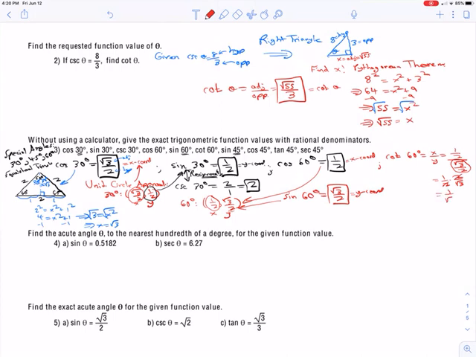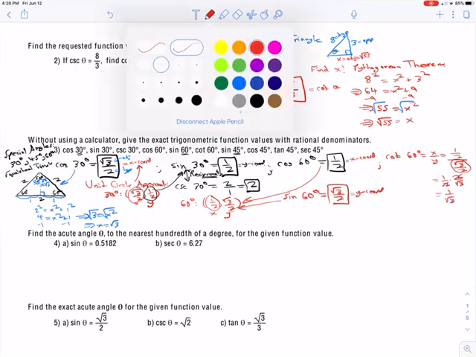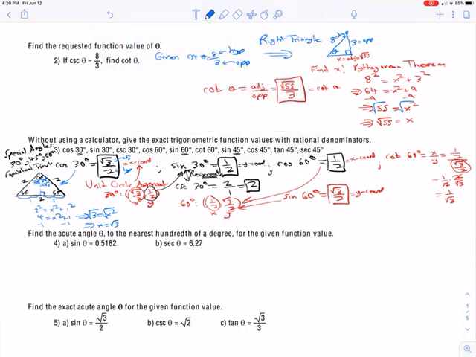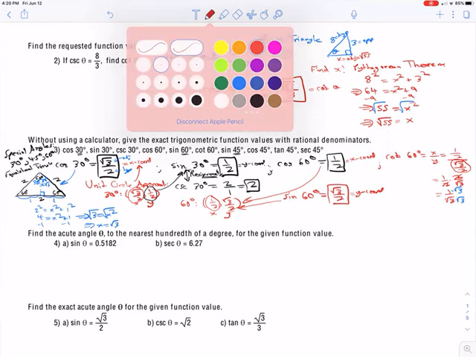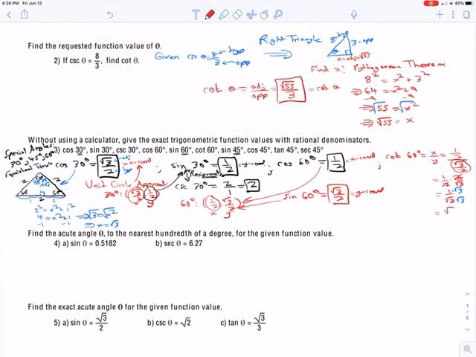And here's what they mean by rationalizing: get rid of that square root in the denominator. So we rationalize that and end up with square root of 3 over 3. There's the cotangent of 60, the x-coordinate divided by the y-coordinate, unit circle approach.